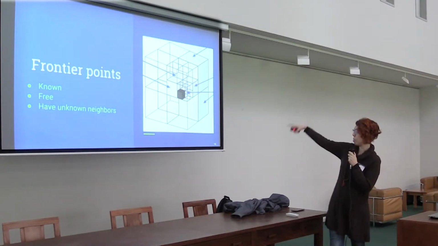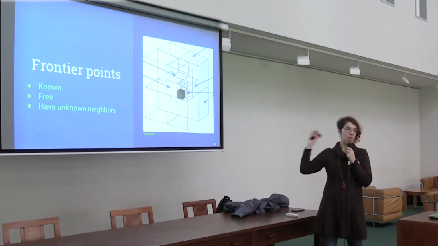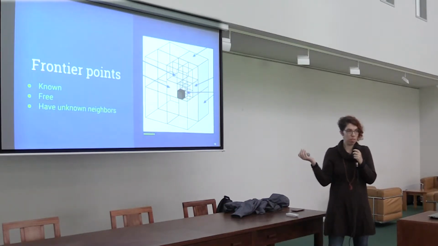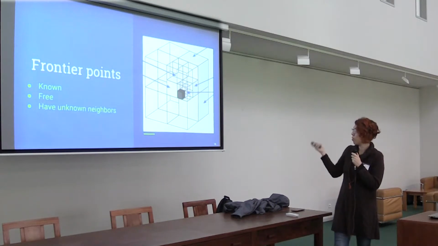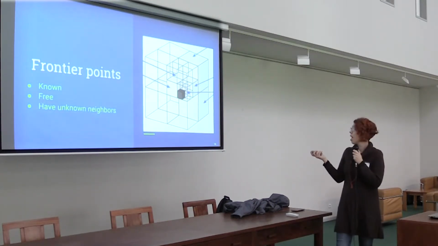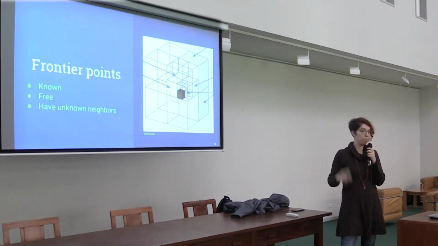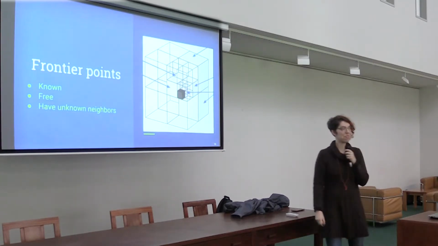This is the space that you have, the really sampled down space of what you are investigating, and this is the information that you have in your sparse grid. So the unknown points are transparent, like here, here, here, here, here. The known points are in white, and the obstacles are in black. So knowing this, and knowing that the frontier point is known, free, and has unknown neighbors, how many frontier cells do we have right here? Very well.